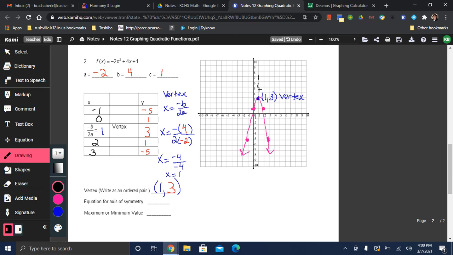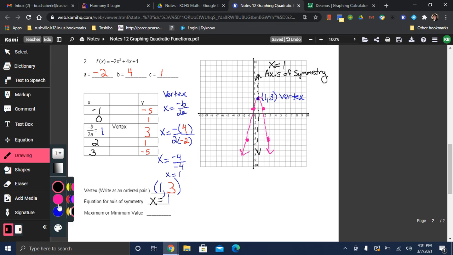So a dashed vertical line through the vertex. Make sure you put arrows on that line. So this is the axis of symmetry. And remember that it has an equation of x equals, and then it's the x out of the vertex. So x equals 1.